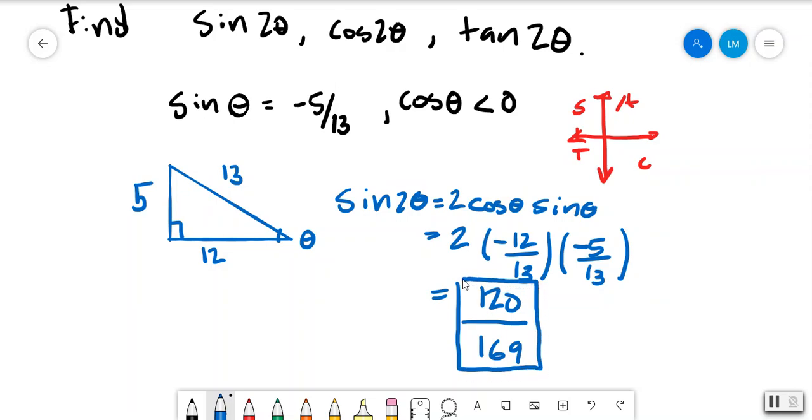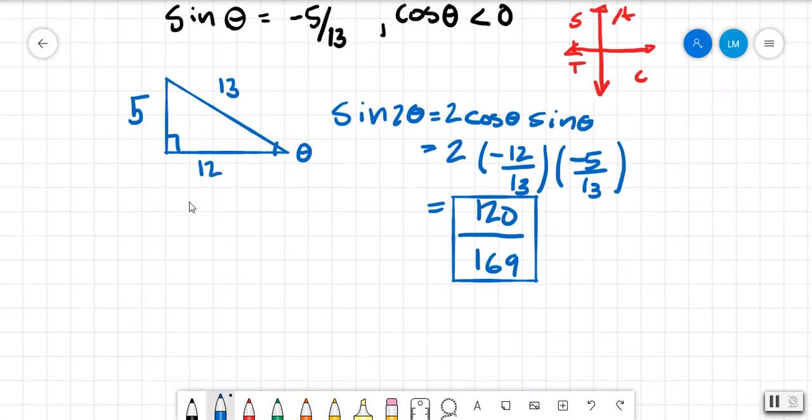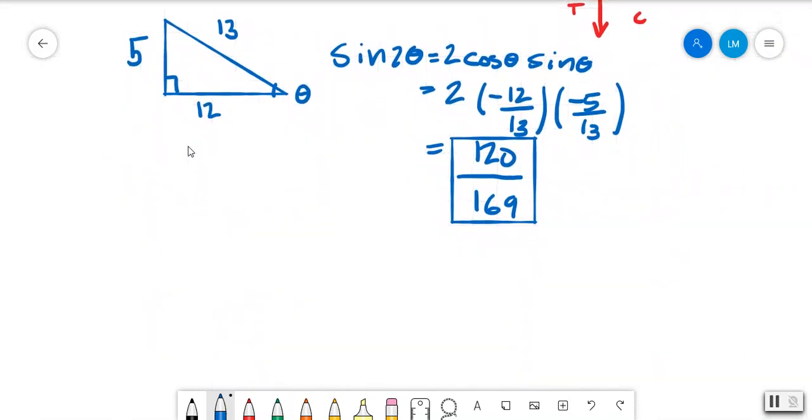Now, I could probably solve for cosine 2 theta using either the formula again, or we can use the Pythagorean theorem, whichever the case is for you. But what we'll do here is we'll just go ahead and say that, well, we know that cosine 2 theta equals 1 minus 2 sine squared theta, which is very convenient.